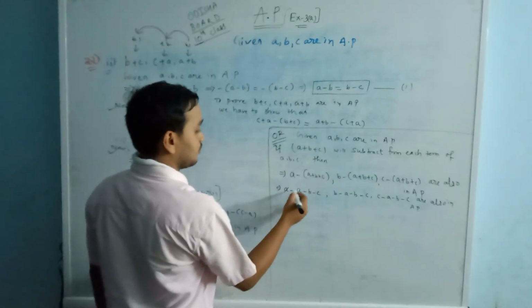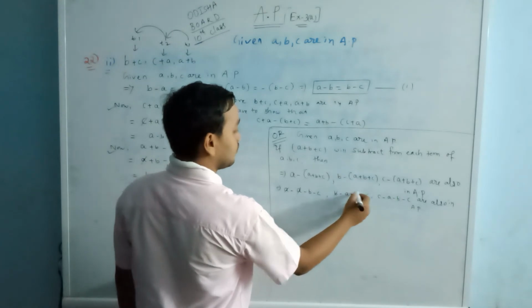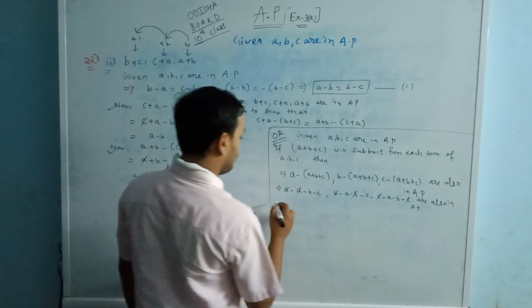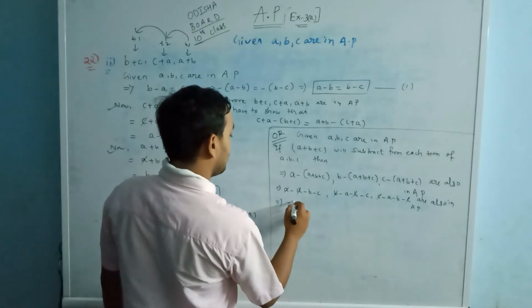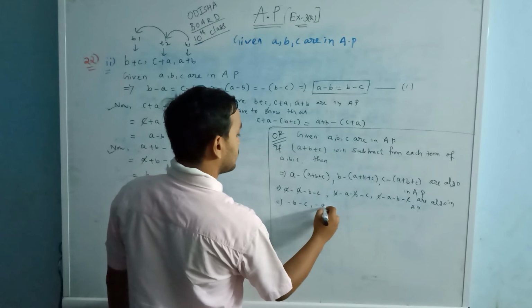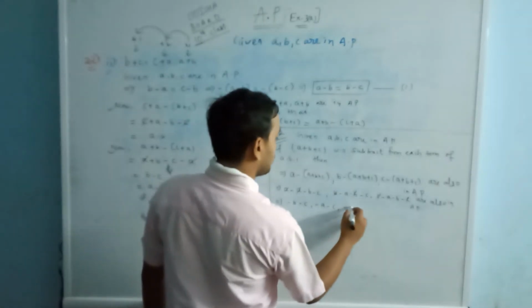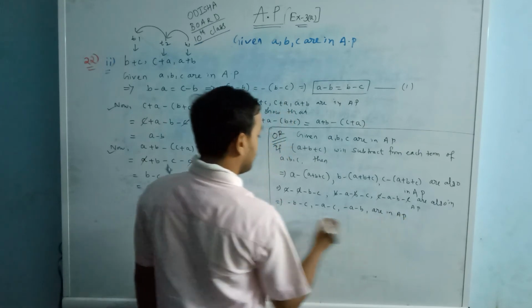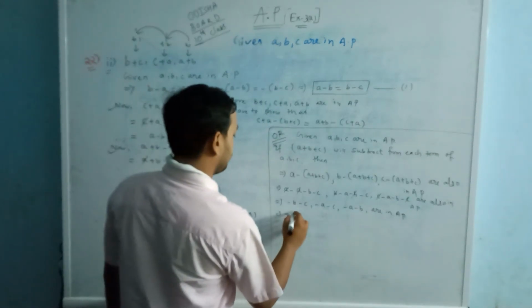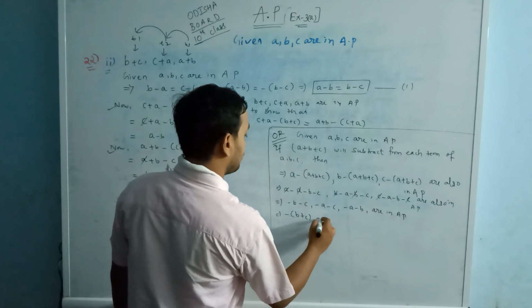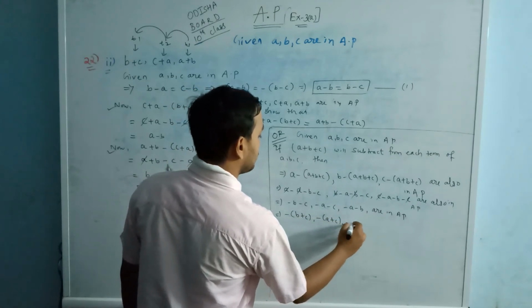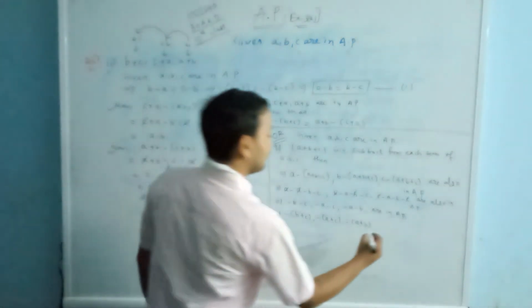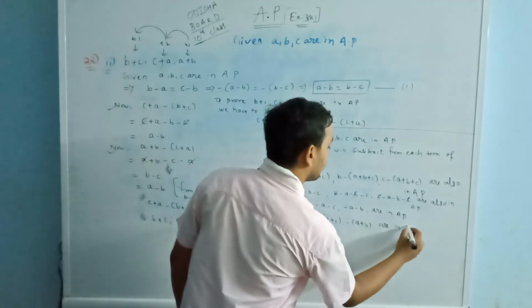So cancel. What are the numbers? Minus B minus C, minus A minus C, minus A minus B are in AP. Take minus common. B plus C, A plus C, A plus B are in AP.